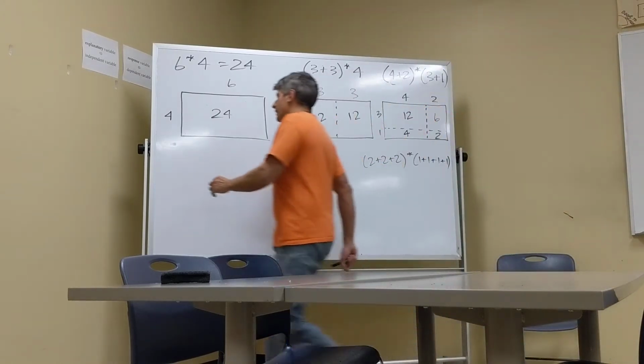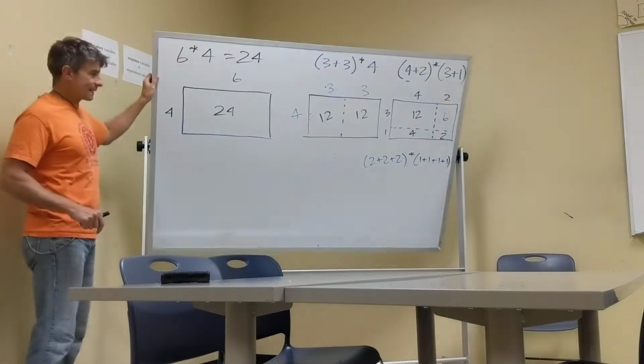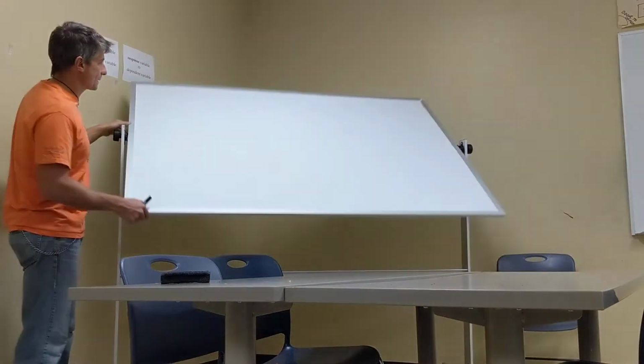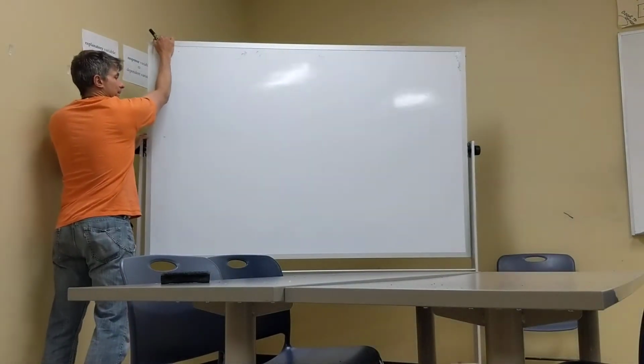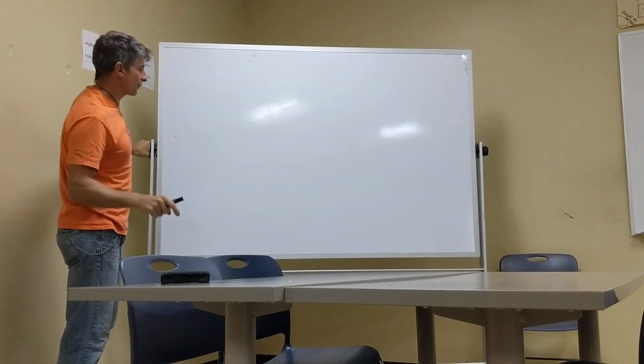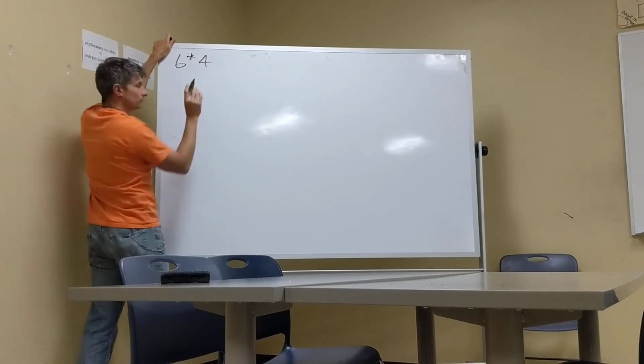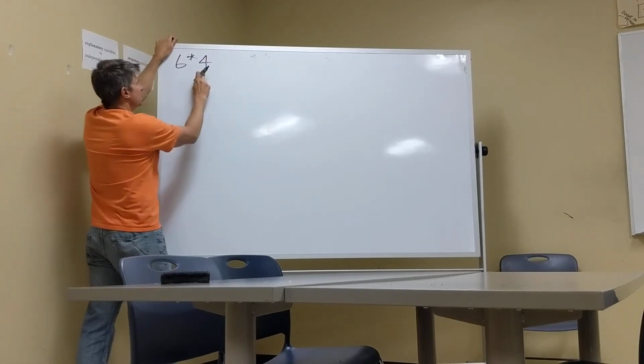Now, I don't want you to think about a negative number as a length, because that doesn't make any sense. I'm going to get ahead of myself, so I'm going to stop myself right there. The original problem is 6 times 4.